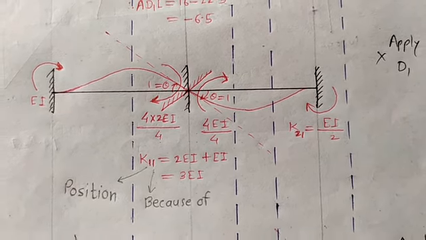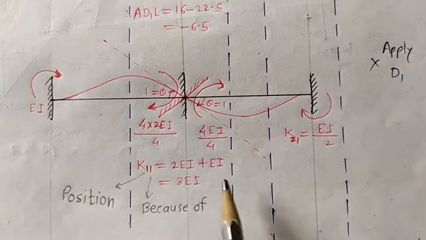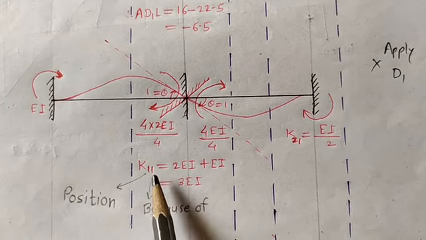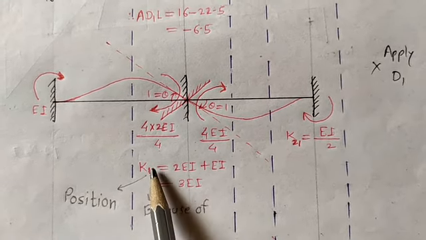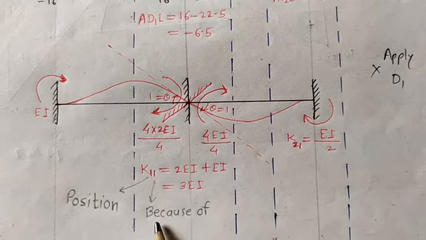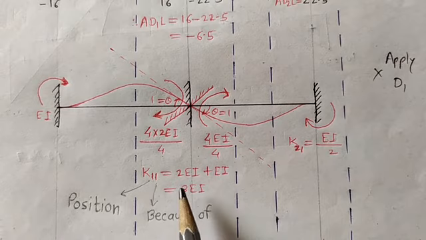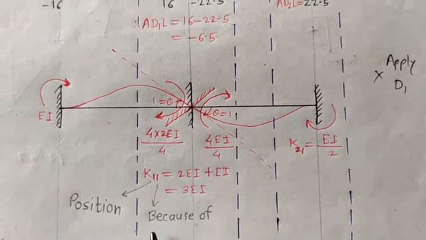So now come to the first diagram. Here we have applied D1, that diagram we are going to consider. Here I have written K11. The first alphabet stands for the position and the second alphabet stands for the because of. What does it mean? First of all I will explain the second alphabet, that is because of.